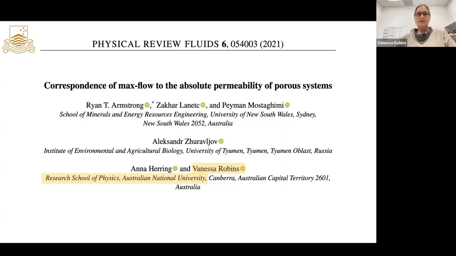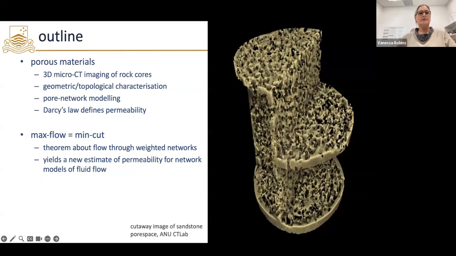So basically in this talk today, I'm going to give you a brief background on the sorts of materials we've been looking at and the methods we've used to do that.